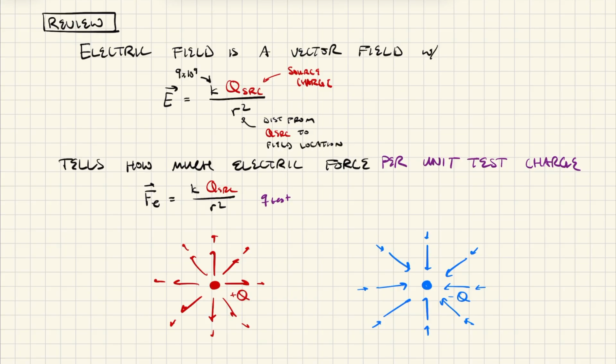We also figured out that positive and negative source charges produce electric fields in different directions, right? When it comes to thinking about the directions of the electric field, we always consider a positive test charge. If we have a positive source charge and a little positive test charge, these are going to be repulsive against each other, right? And so that means the field points away from positive Q source.